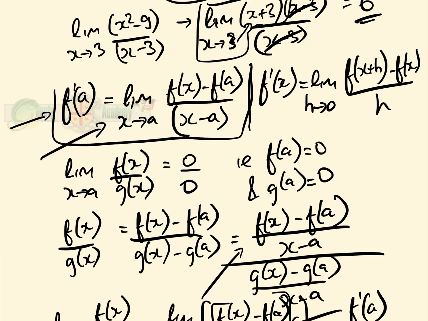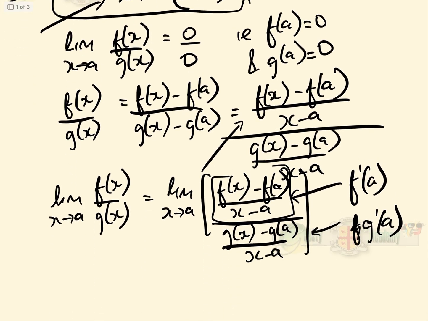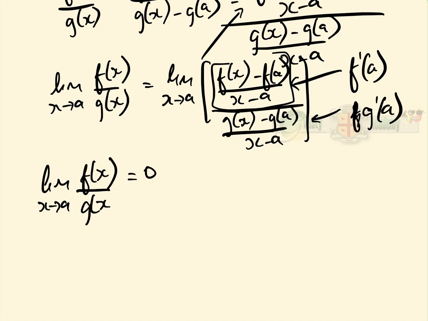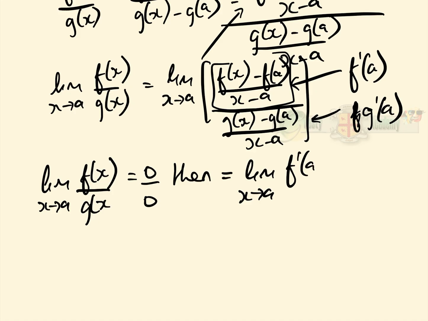And therefore, we have that the limit as x approaches a of f(x) over g(x), when that equals 0 over 0, also equals the limit as x approaches a of f'(x) over g'(x). And that's where L'Hopital comes from. It is a little bit of an informal proof, but it gives you an idea.